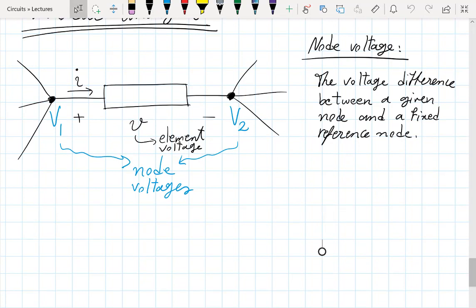It's wise to say the voltage of the reference is 0, because if you say my reference is 5 volts, you're adding 5 to all your voltages. Why? It's the voltage difference that matters.